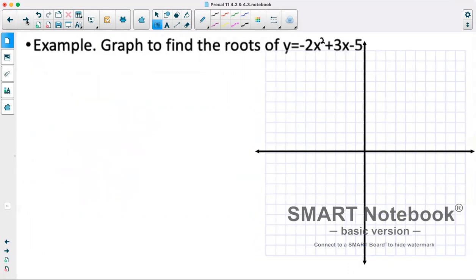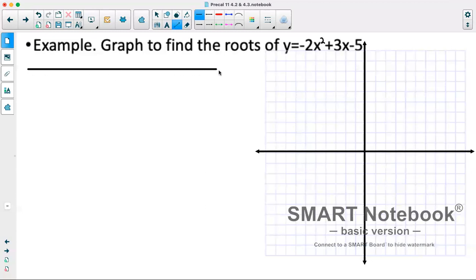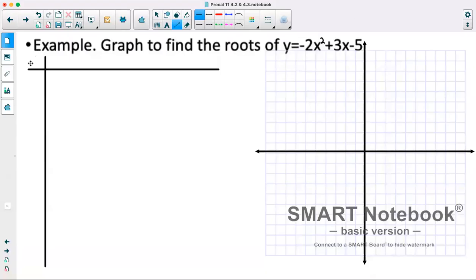Okay, next example, graph to find the roots of y equals -2x squared plus 3x minus 5. Once again, start with a table of values. We'll put in our normal x values from -3 to +3.